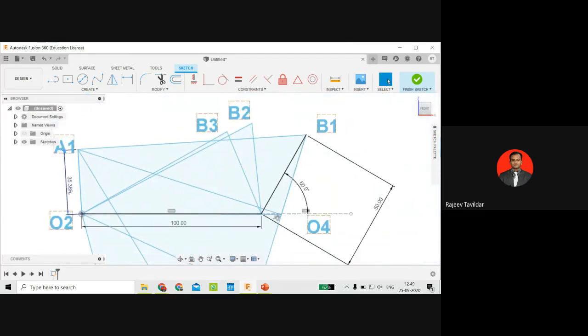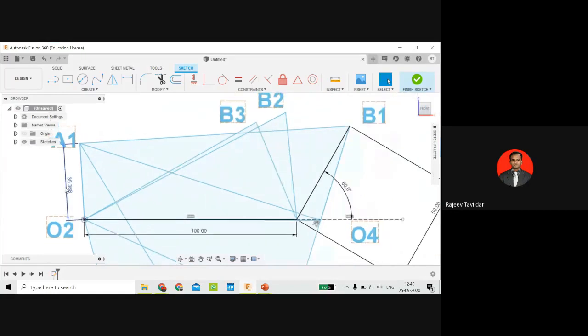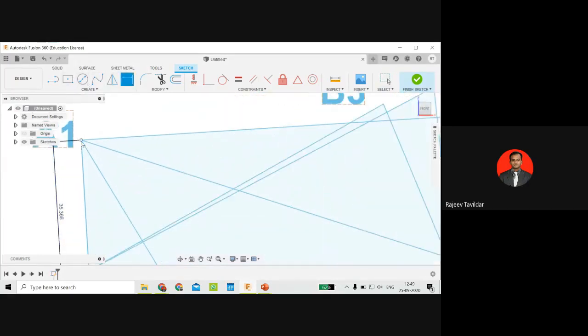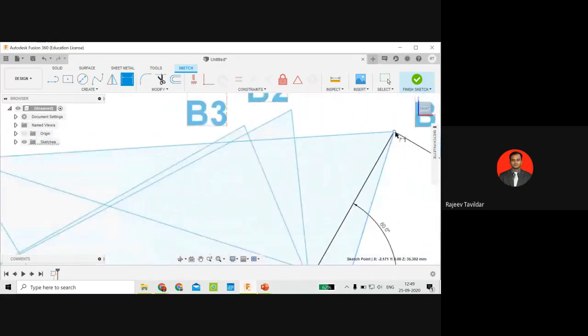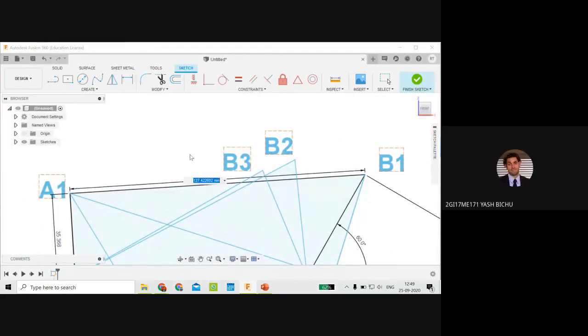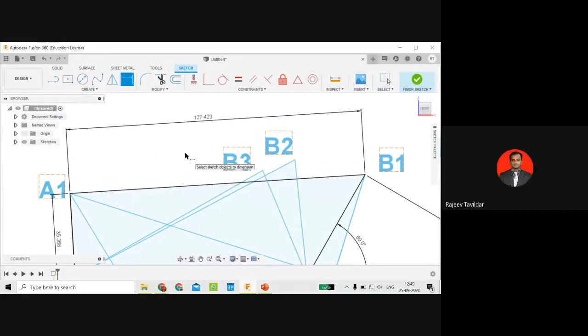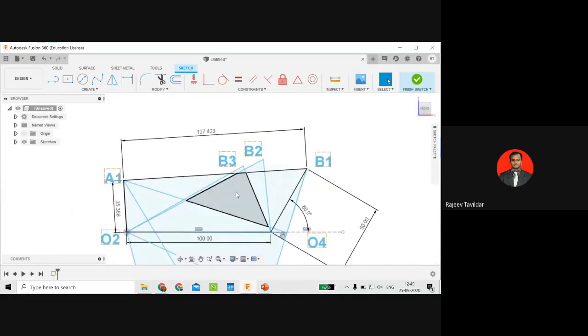We got 0.36. 0.3536 is my answer. And let me also tell you the A1B1 answer. 1.25 units. Yeah, I'm getting it as 1.27. So these are the answers of link lengths.